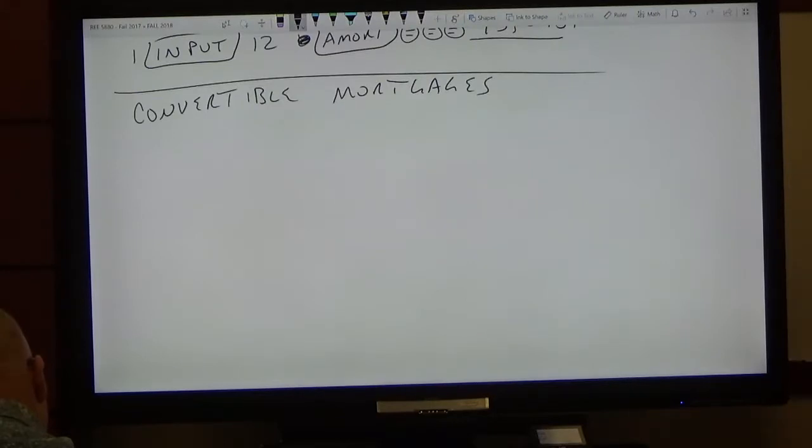So instead of them just being a debt holder, now they can become an equity holder as well. Meaning that whenever they do that conversion, they potentially are going to have all the rights, responsibilities, and everything else that the equity players have.